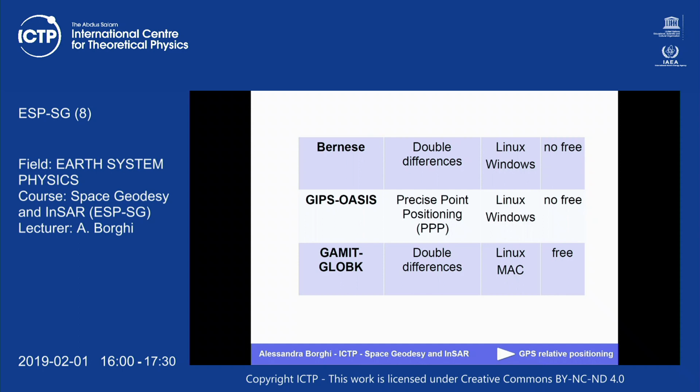I want to add some slides in this presentation to show you all the files that you need, because when you check the list of the files of information that you have to give to the software to process your data, you find all the things that we have seen. The a priori coordinates file, for this reason, because we are dealing with a non-linear model and the least squares linear model.